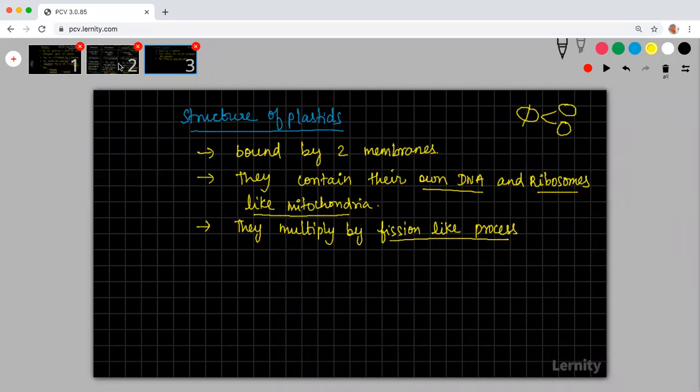Yes, plastids are semi-autonomous because they contain their own DNA. They are not very much dependent on the organism's DNA. Some of the proteins which are required for the function are produced by themselves.